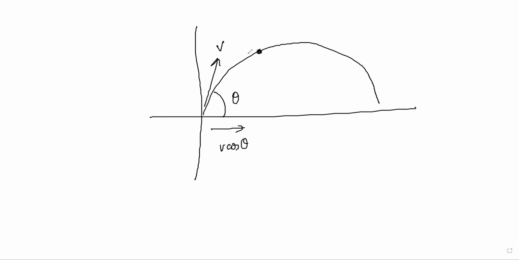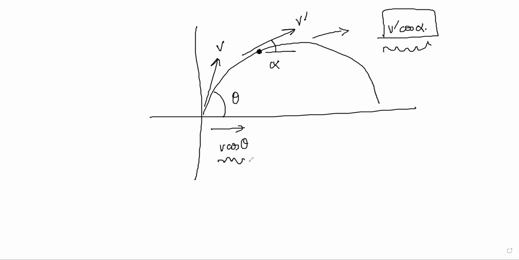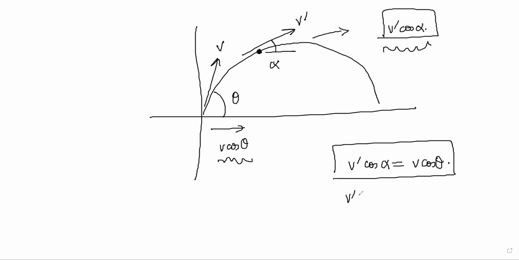And if someone says that right now, at a particular moment in the path, this is the new velocity v dash, and you are making angle alpha with the horizontal, then what is your current horizontal speed? It is v dash cos alpha. So this gives us a nice connection between v dash, alpha and theta. This horizontal velocity must be the same as the initial horizontal velocity. So v dash cos alpha will be equal to v cos theta, and you'll get v dash equal to v cos theta by cos alpha.